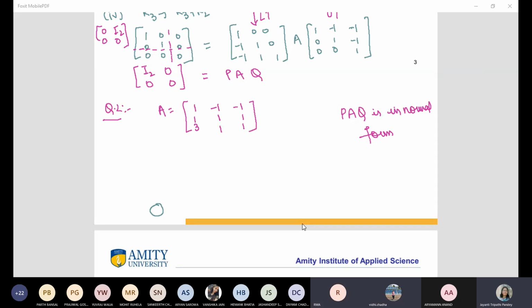Ma'am, in the fourth question, what is the meaning of A star minus 1? Beta, that is A inverse. Okay, ma'am. Actually, it was difficult to write in the form, no? Yes, ma'am. Excuse me, ma'am. Yes, beta.